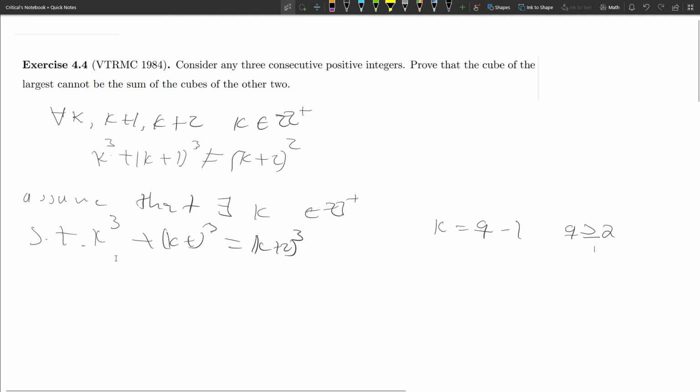If we rewrite this equation with q, we get (q minus 1) cubed plus q cubed equals (q plus 1) cubed.